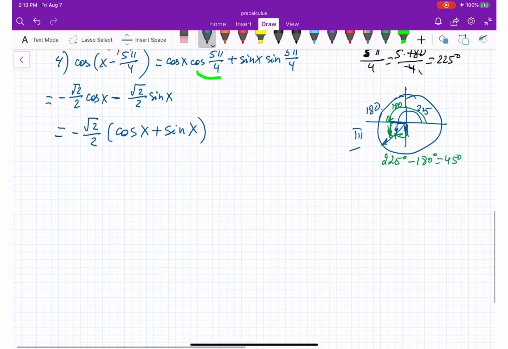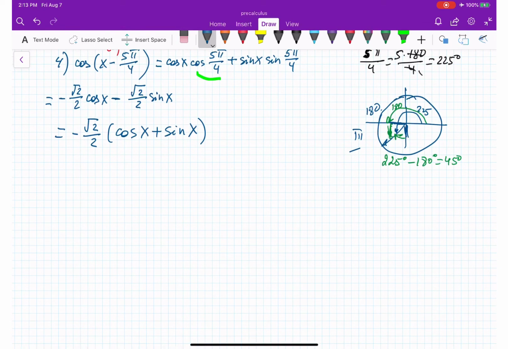Question number 5. We are going to solve another one. Sine of 45 degrees minus 30 degrees. Here is the thing. You can do 45 degrees minus 30 degrees and get sine 15 degrees.